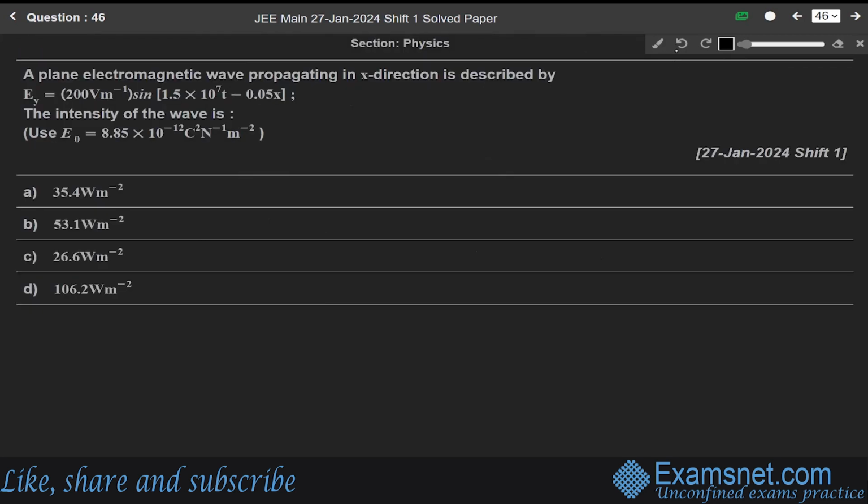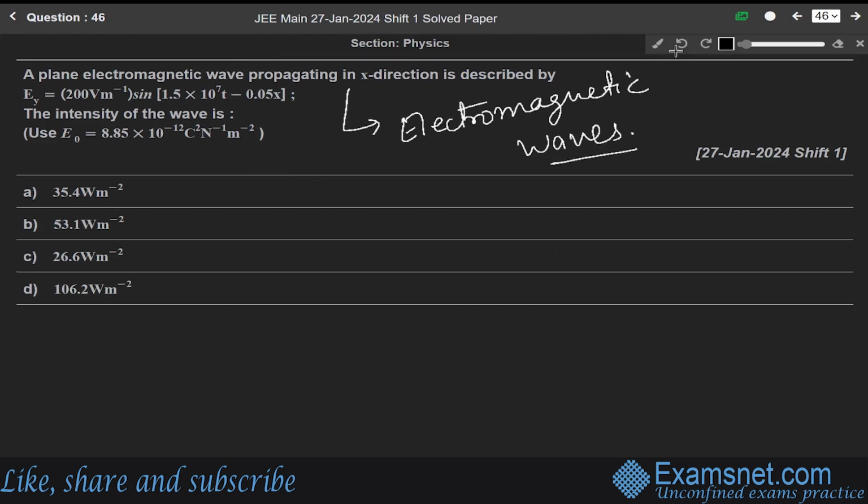Now next question, question 46. According to this question, a plane electromagnetic wave propagating in X direction is described by... So this question is from the chapter of electromagnetic waves. We are given an electromagnetic wave. At first the electromagnetic wave is written as E equals E naught sin(omega t minus kx).